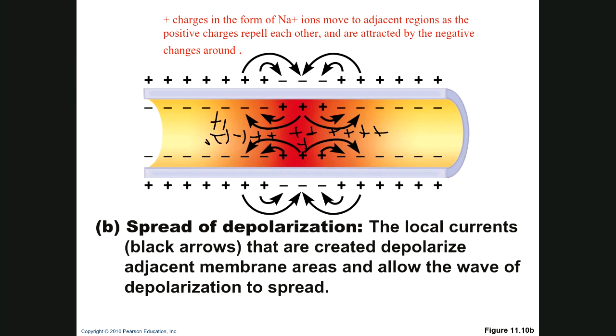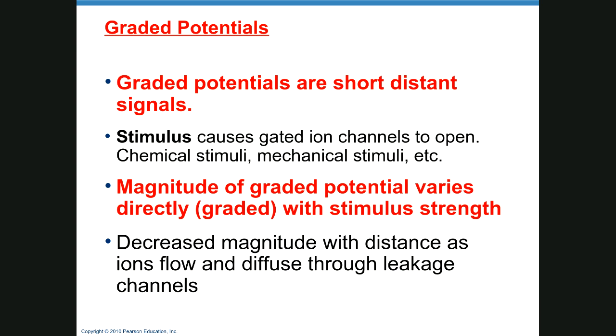As we move away from the source of the stimulus, the graded potential becomes less strong. It diminishes in magnitude. Graded potentials are short-lived signals, and the magnitude of the graded potential varies in proportion to the magnitude of the stimulus.